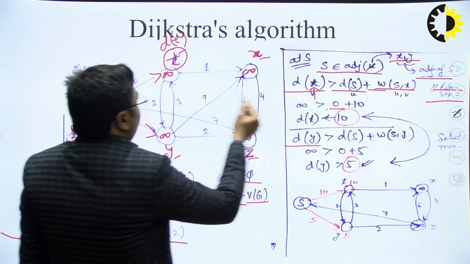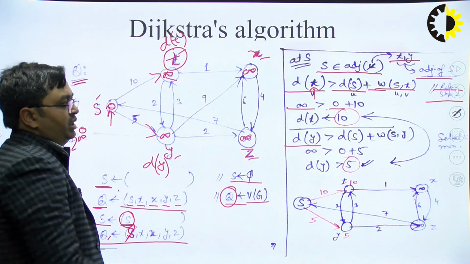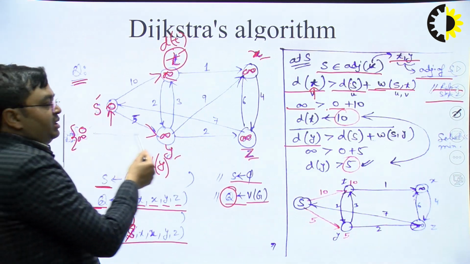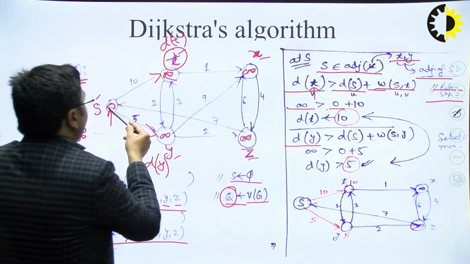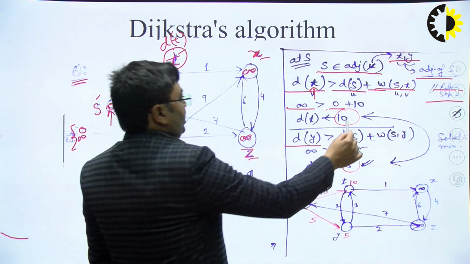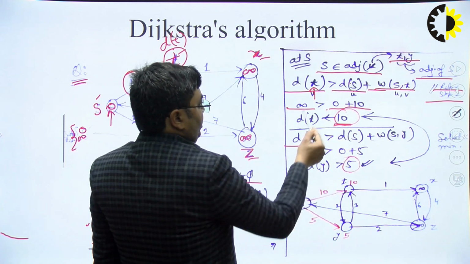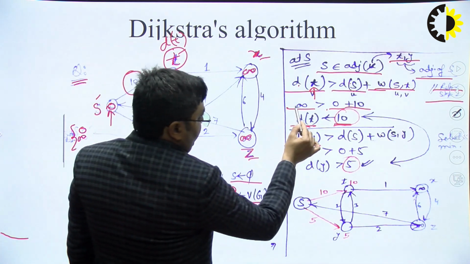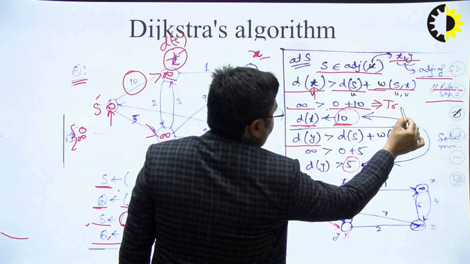dt was initially infinity, so we have put infinity here. ds is 0, and w of s comma t, the edge from s to t, has the value 10. So 0 plus 10 gives 10, and infinity is greater than or equal to 0 plus 10, so this is true.